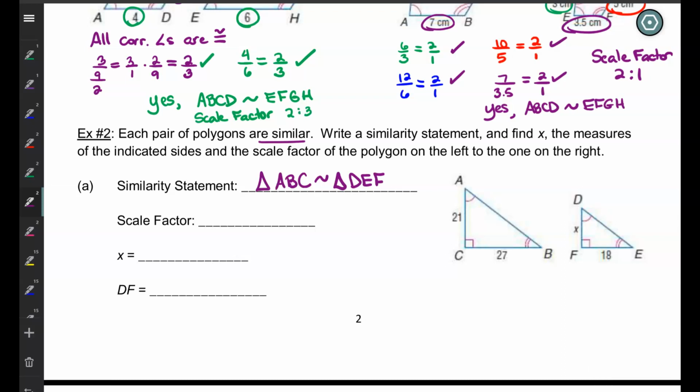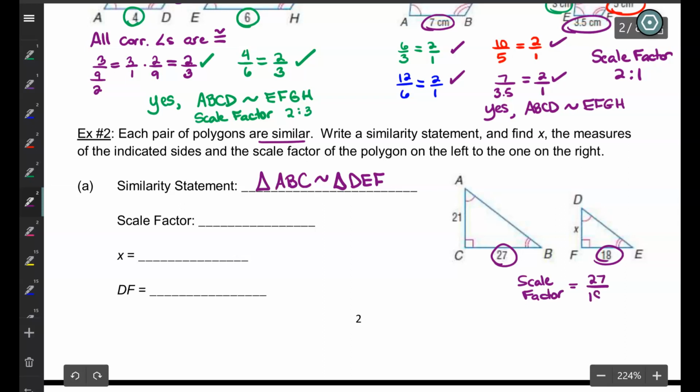Now, in order to find the scale factor, I just need to make sure I have 2 pairs of corresponding sides that I know. So the scale factor is going to be 27 to 18.